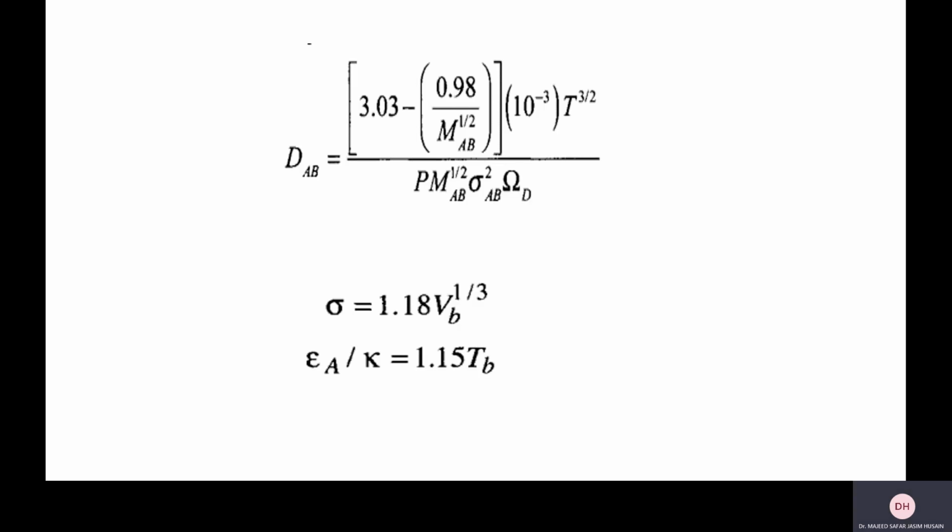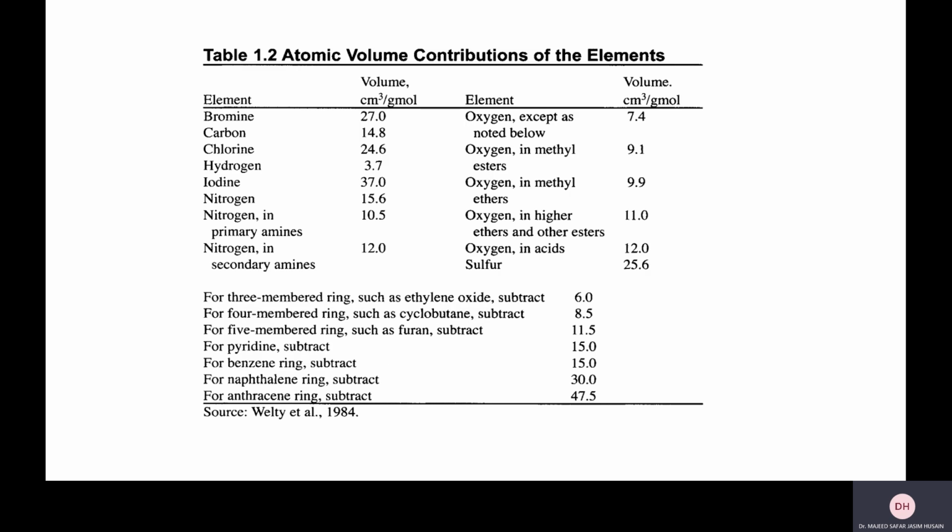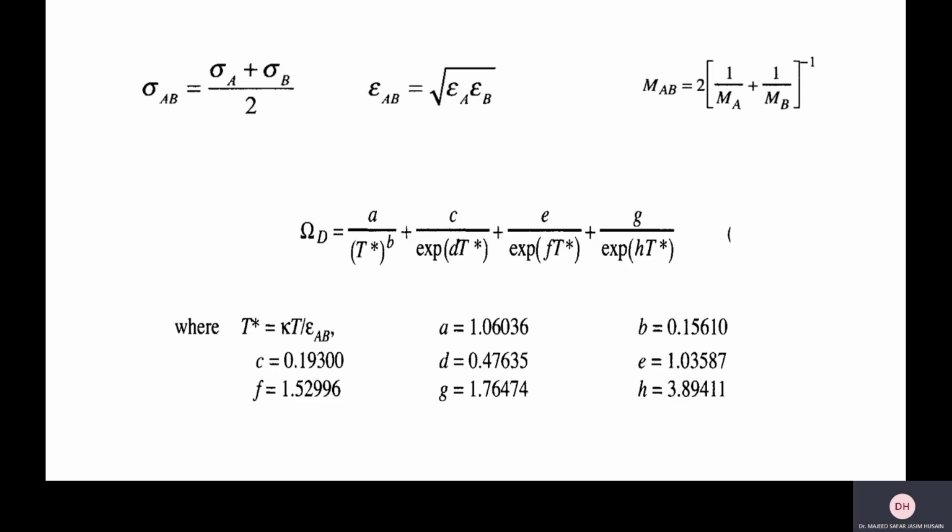After sigma AB, you need to find the omega D. If you go back to the equation on this slide, omega D is equal to some constants, and then you have the temperature star in it also.